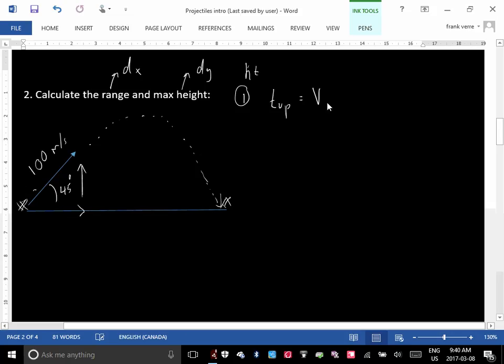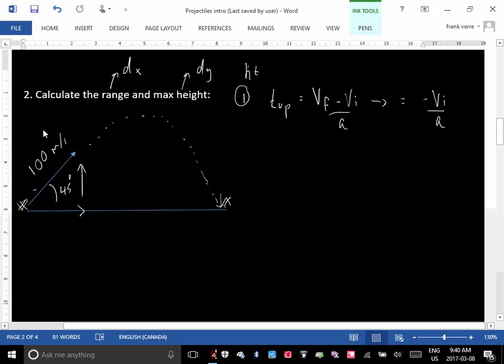I need to know VF, VI, and A. Because I know at the top, the vertical speed is 0. So this simply becomes negative VI over A, because VF is 0. But the question is, what's VI? If I look at this projectile, it's a little bit different than the ledge question.